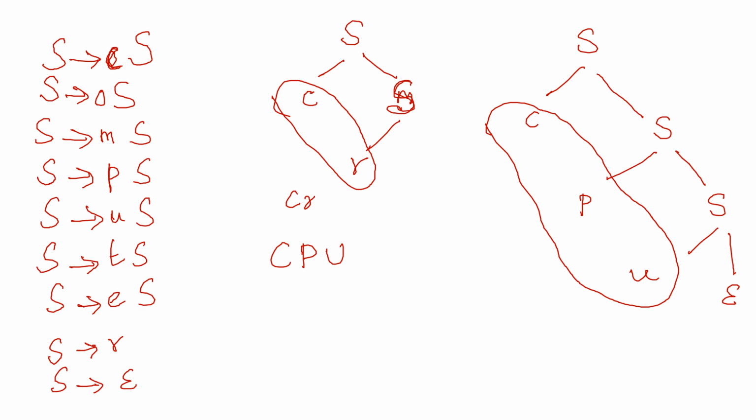Here in this rule, we always start with C only. So we can make one more rule, S tends to only one letter also, or epsilon also.